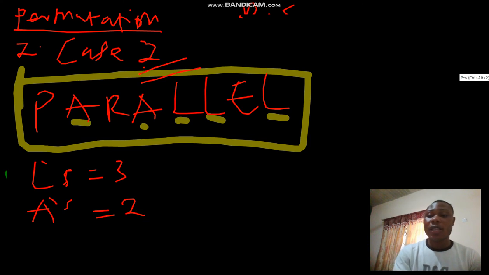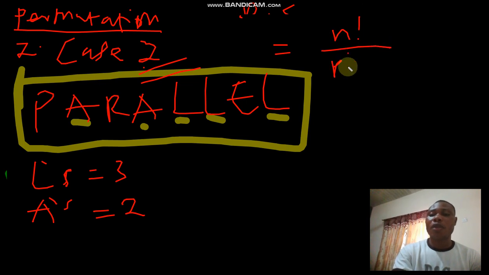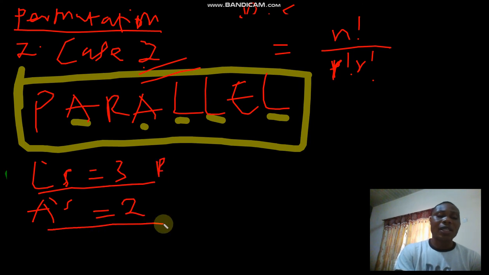Therefore, in a double case like this, our permutation is N factorial over P factorial, and then R factorial, where we know the P already. When you have one element being identical, then the R is the other element. So if I have L's being the P, then my A's are the R. Are we okay? So that's just it.